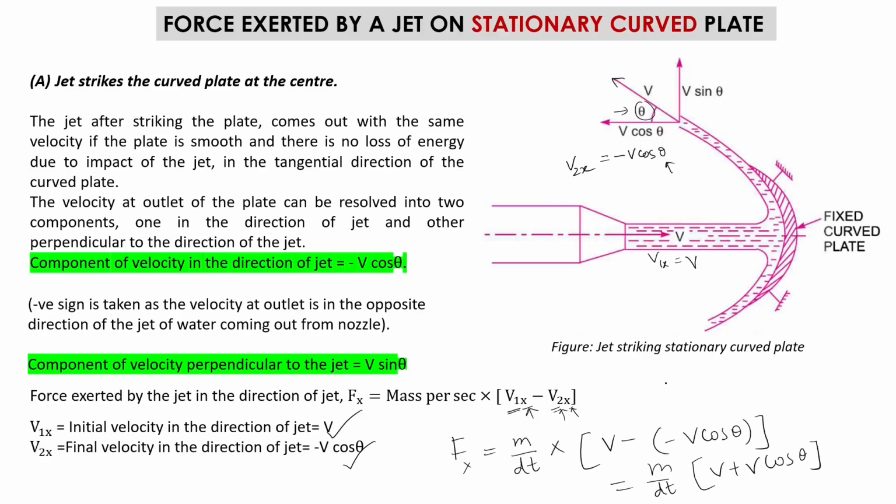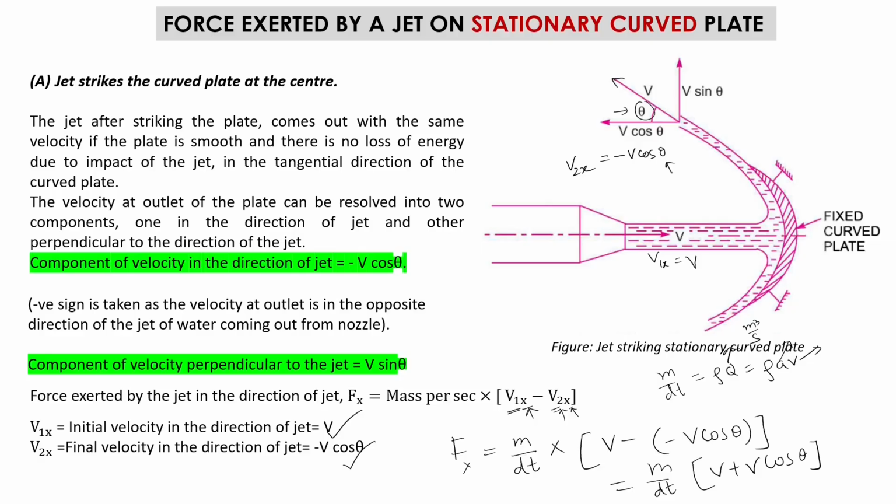And here we know that m over dt is equal to rho Q, or rho AV. Here rho is the density of the fluid coming out, in this case water, so the value is 1000 kg per meter cube. Q is the discharge rate, in meter cube per second, A is the cross-section area of the jet, and V is the velocity at which it comes out initially.